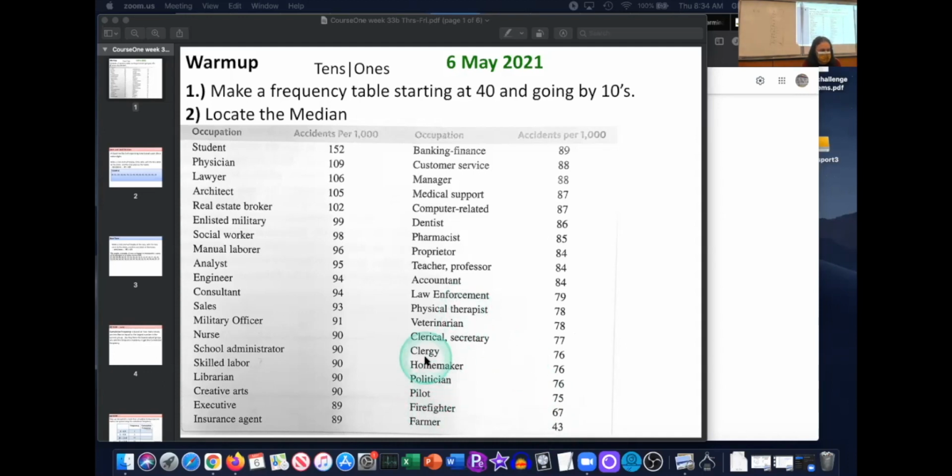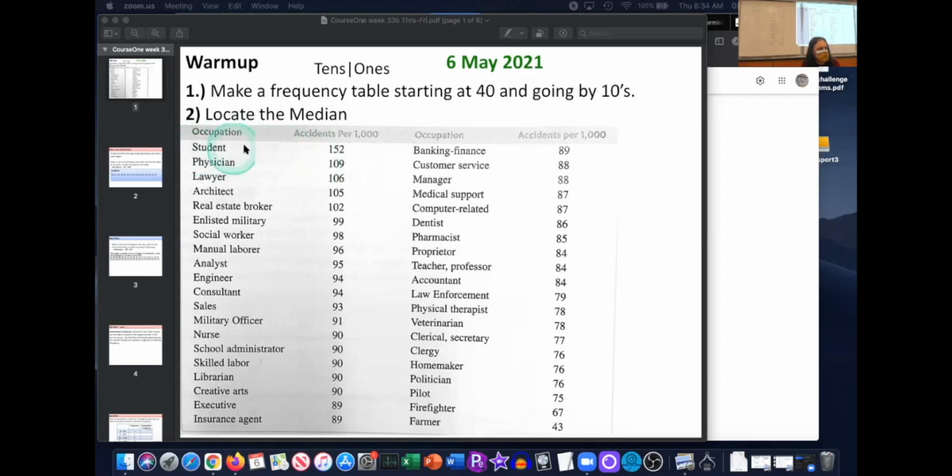And you can see there's a whole lot of occupations, right? So an engineer, out of 1,000 engineers, 93 of them are going to have an accident on average per year. And fortunately, the data is organized in order, from the lowest all the way to the highest, which is 152.